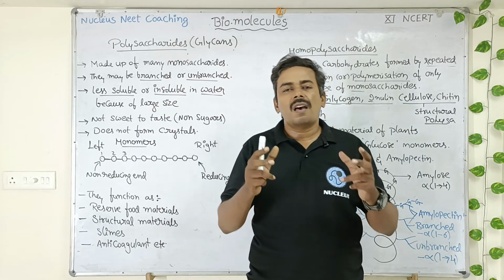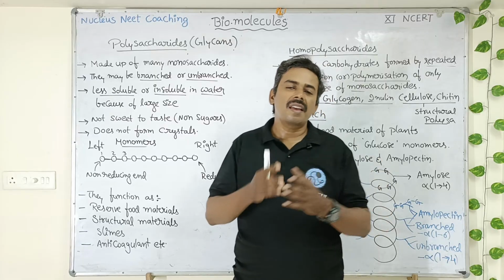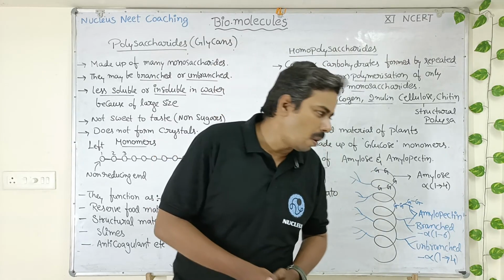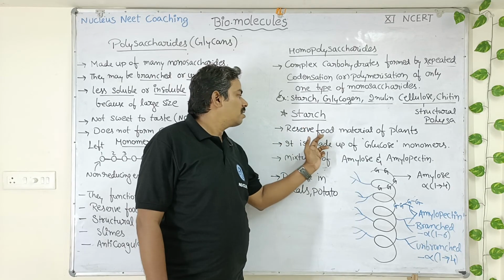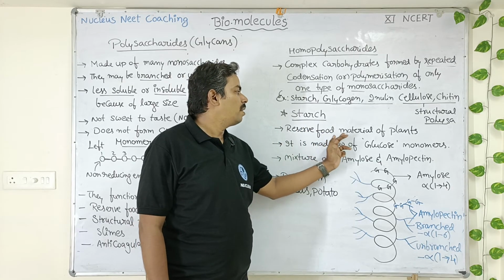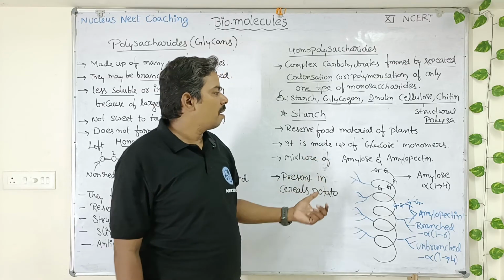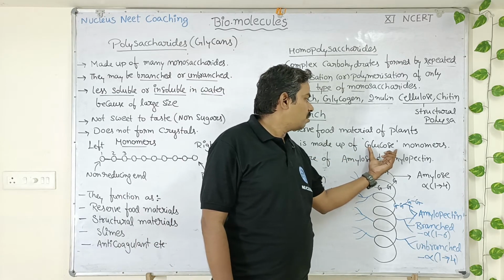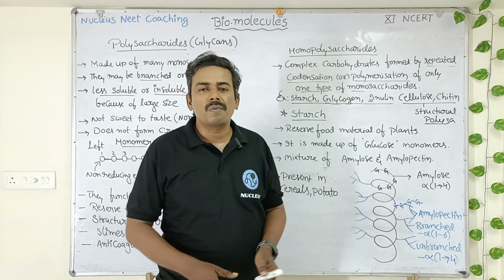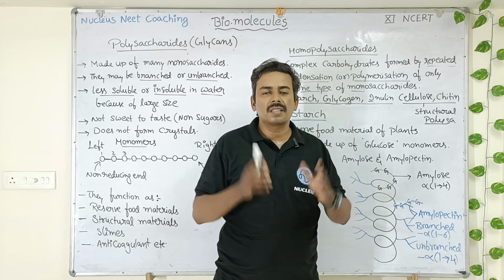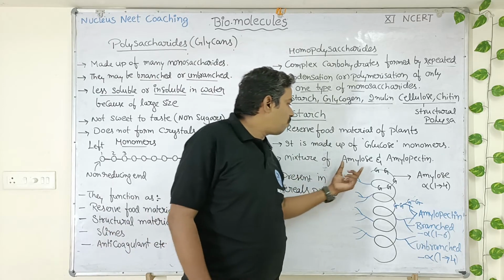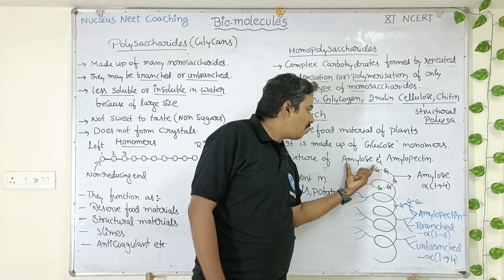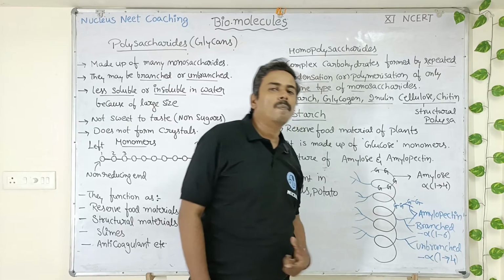Plants also store starch in seeds such as rice, wheat, barley, etc. So starch plays the role of food material in plants, and it is made up of only one type of monomer, glucose, which is a hexose sugar. And starch is a mixture of two polysaccharides, amylose and amylopectin.